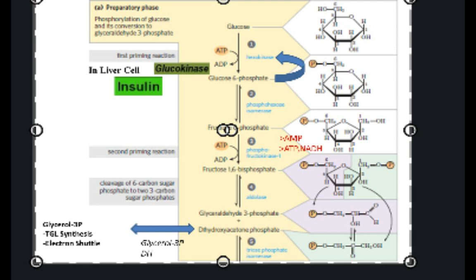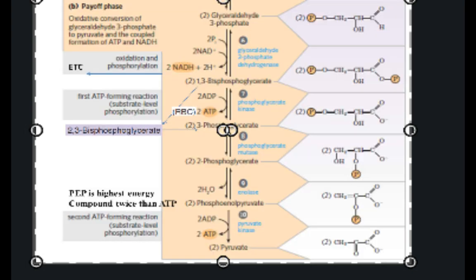It will convert into glycerol 3-phosphate, which acts as a backbone for synthesis of triglyceride. But if the cell is at low energy state, then glyceraldehyde 3-phosphate will convert into another compound which is called 1,3-bisphosphoglycerate.